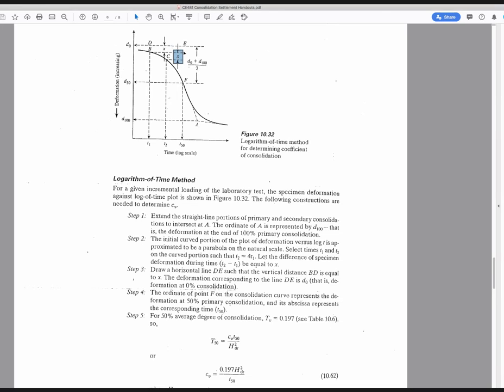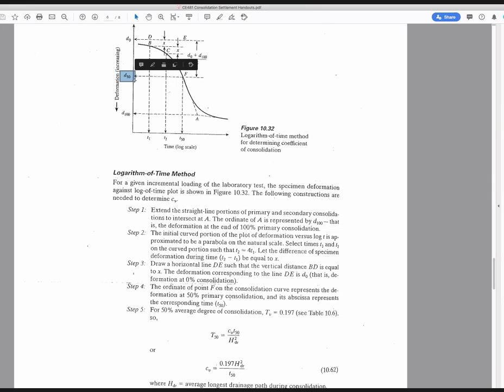So you have X identified here, and you simply flip that X upward to be the same value X going above point B. So you first determine what is the vertical distance between B and C, and then you say, I'm going to project that upward from point B, and that gives you a point D here. And we make a horizontal line at that point and call that D0. That's initial condition. The D0 would be deformation at 0% consolidation.